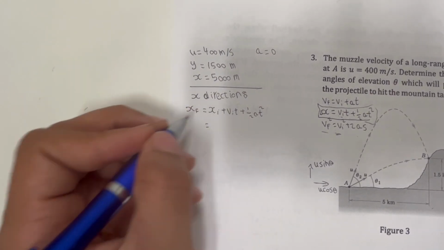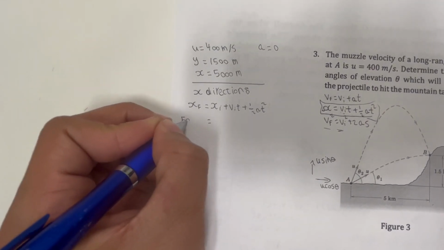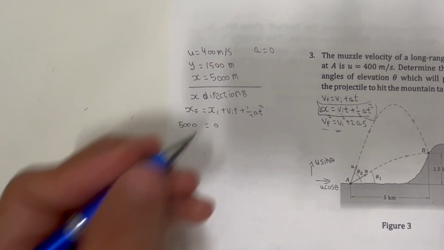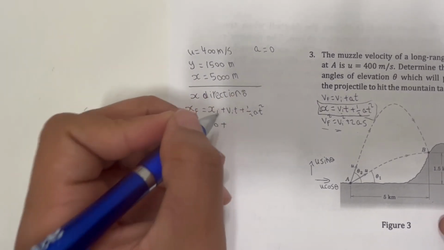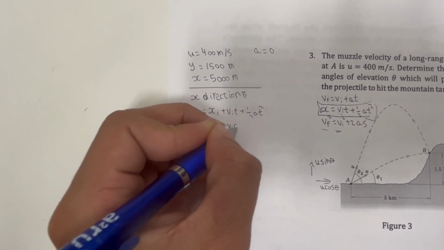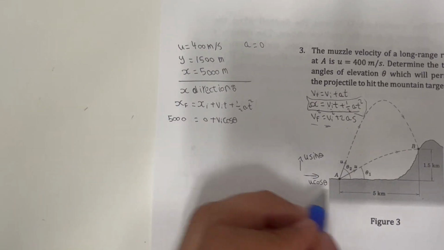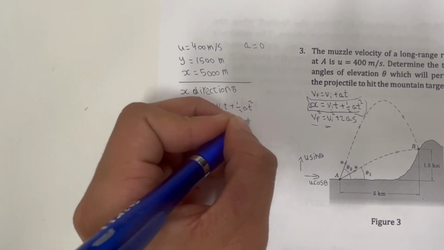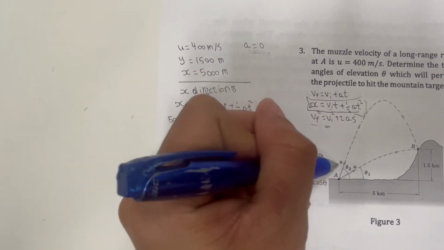Right, so x final is 5000, x initial is 0, starting from 0 to 5000. V initial is going to be vi cosine theta, as I mentioned, any x direction will be vi cosine theta multiplied by t, plus, and here the really important point is it's the same v.